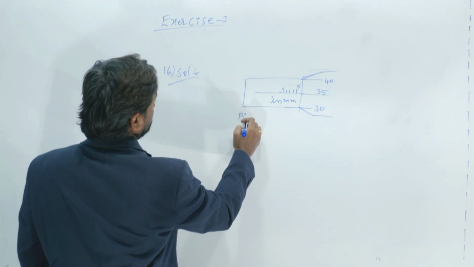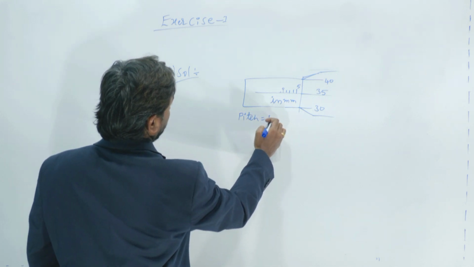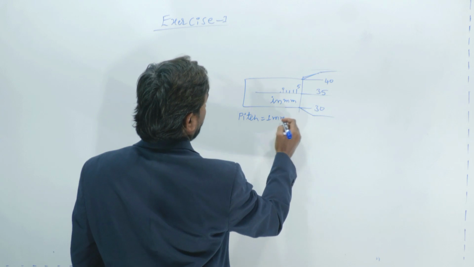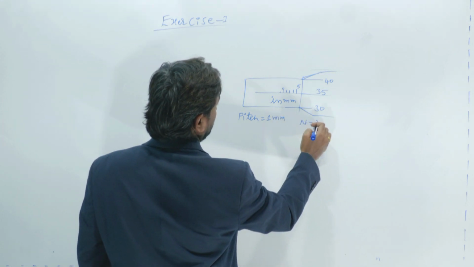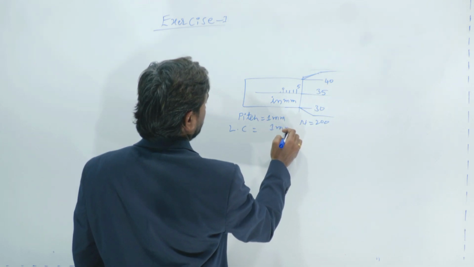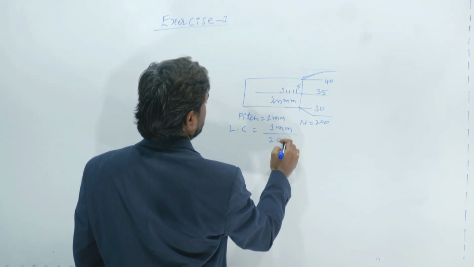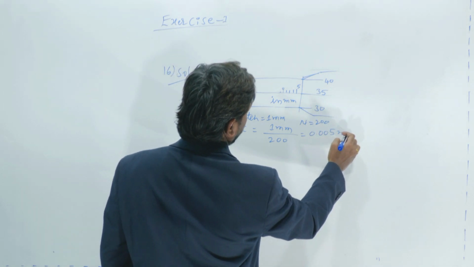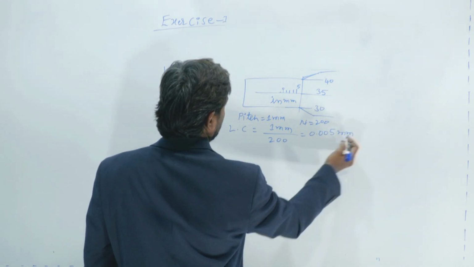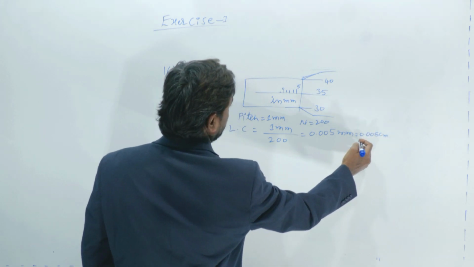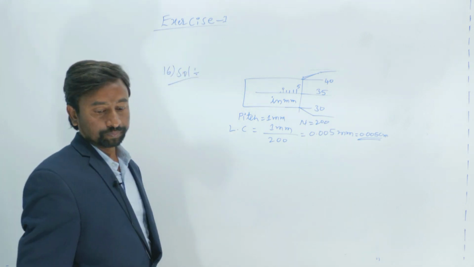Here pitch is equal to 1 mm and for the least count, the number of divisions is 200, so least count is 1 mm divided by 200. We'll get 0.005 mm. In centimeters it is 0.0005 centimeters. So that is the least count.